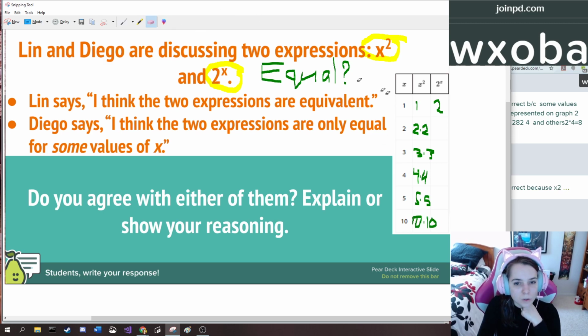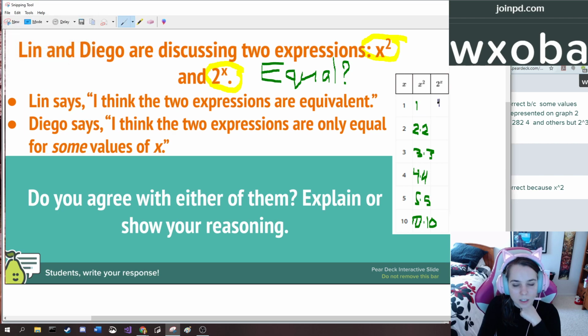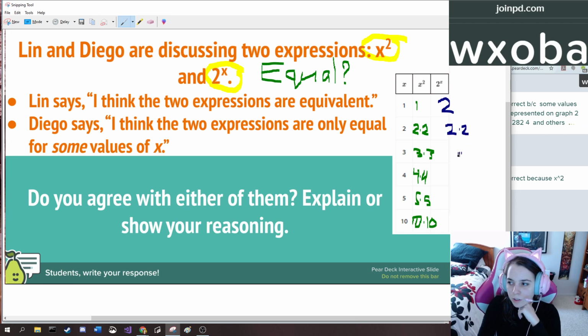Okay, but then 2 to the power of x, which is not x squared, I'm always going to have a 2 here, but it's telling me how many 2's there are. So this one has 1 2. This one has 2 2's, so 2 to the power of 2. This one is 2 to the power of 3. This has 3 2's.